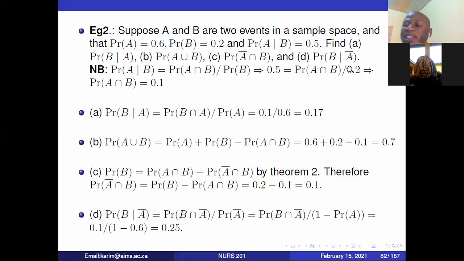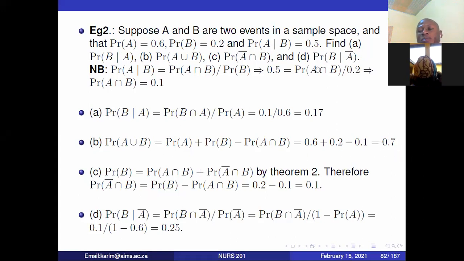You can see that in this situation, even before we compute the probability, we should know that we are going to get a low probability. This is because once one of the events has occurred, there is high chance the other one will also occur. Either of the events occurring, that is the union, probability of event A occurring or event B occurring is very high, 70%.